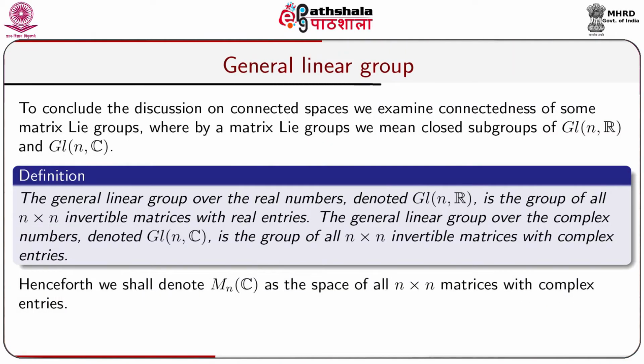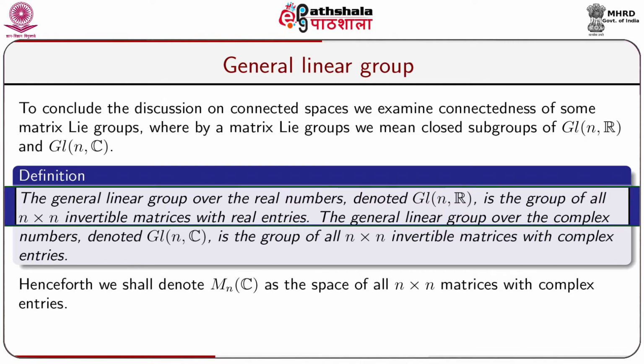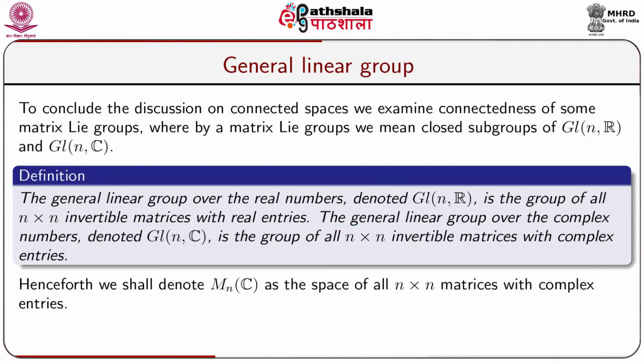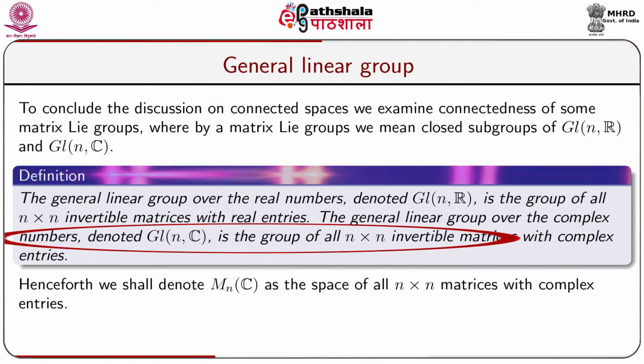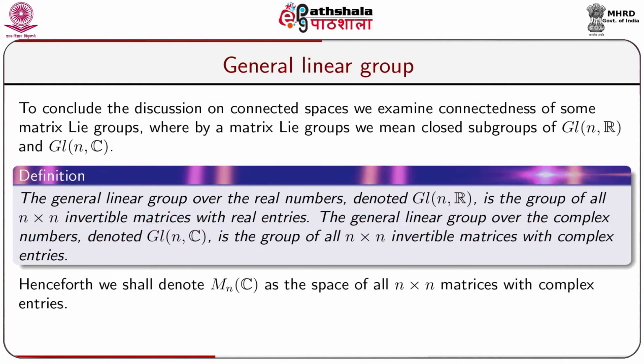So let us start with the general linear group over R and C. The general linear group over the real numbers, which will be denoted by GLNR, is the group of all n by n non-singular matrices with real entries, and the general linear group over complex numbers, which we will denote by GLNC, is the group of all n by n invertible matrices with complex entries.